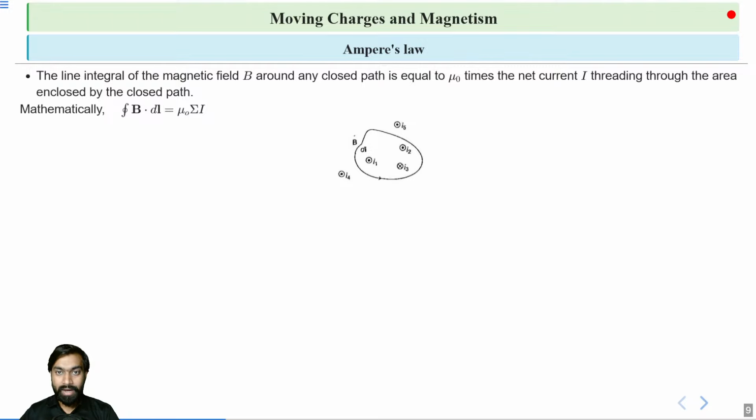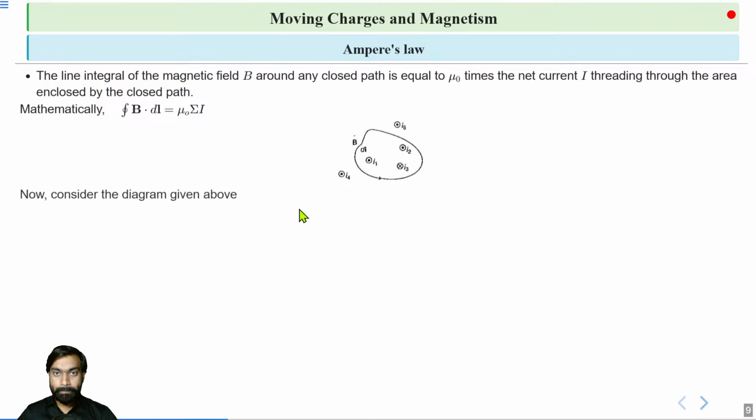Several currents I1, I2, I3 etc. pass through the surface bounded by the closed path. Currents I1 and I2 are passing into the surface, whereas I3 is passing out of the surface, or vice versa depending on direction. It depends on direction.